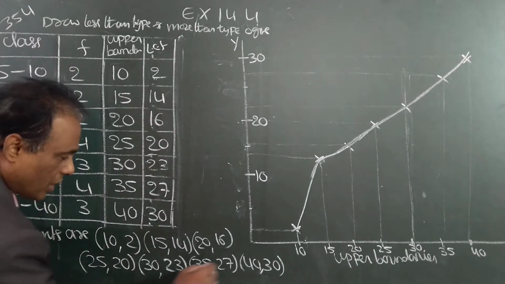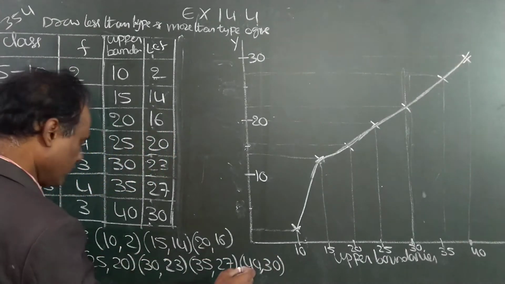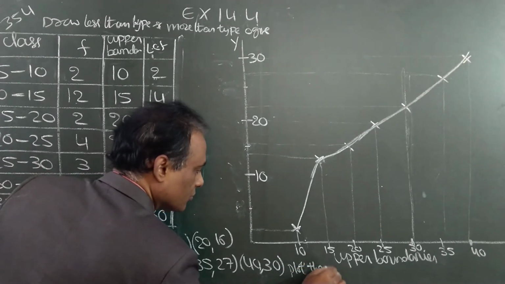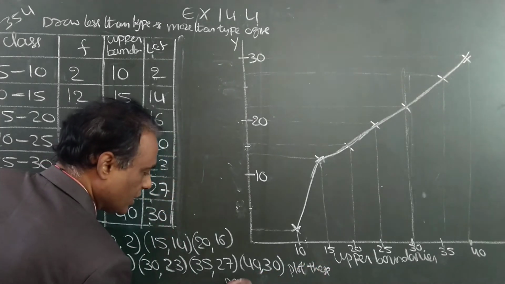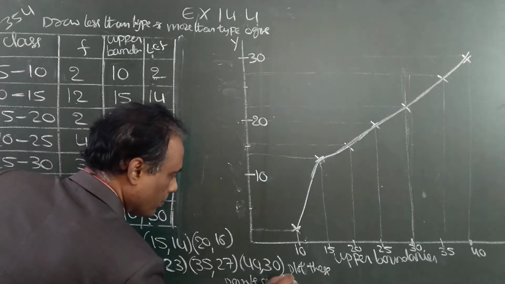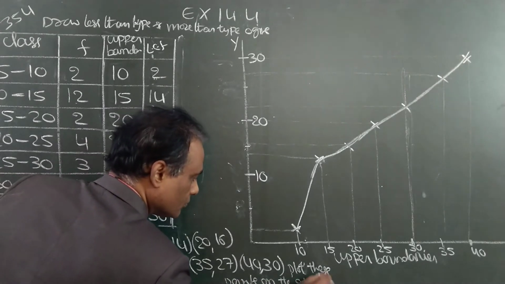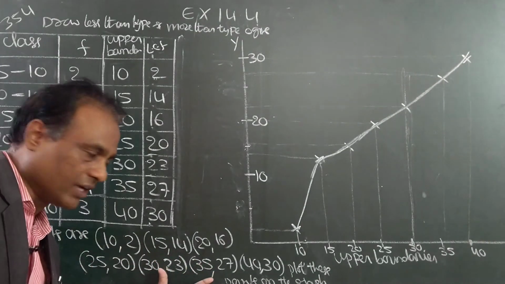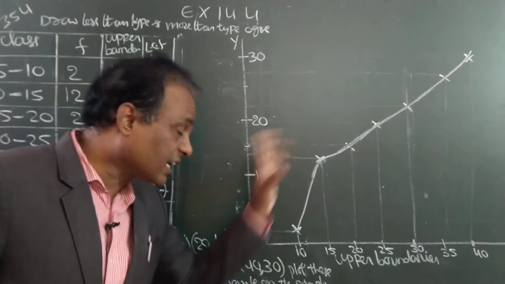Write down this. After writing these points, plot these points on the graph. The points are, we have written the points. Plot these points on the graph.